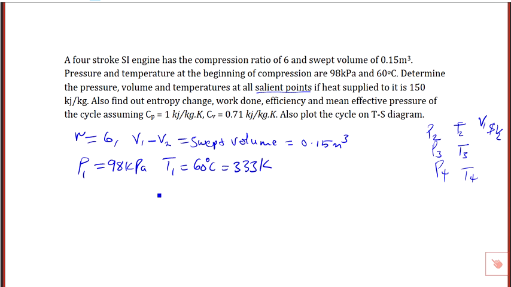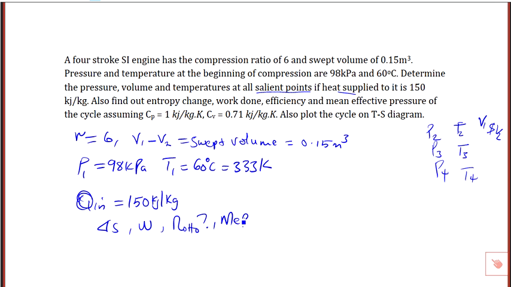Now you are being told that the heat supplied, that is heat input Q in, is given as 150 kilojoules per kilogram. Also find out the entropy change, work done, efficiency, and the mean effective pressure of the cycle.